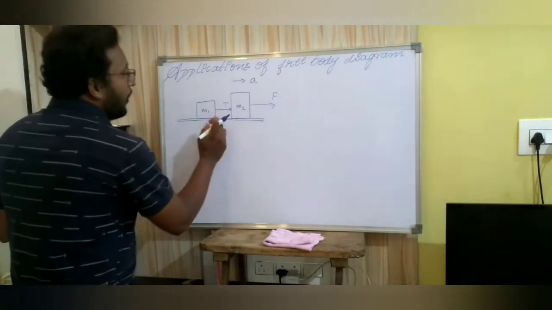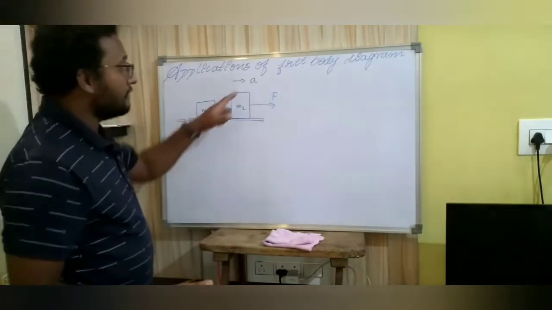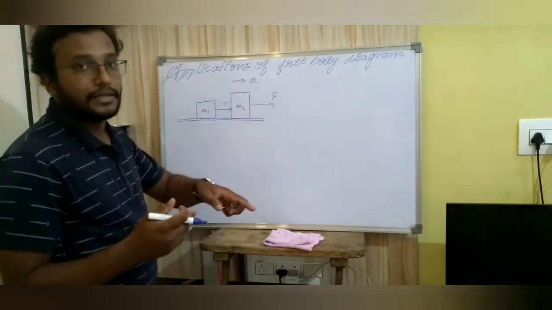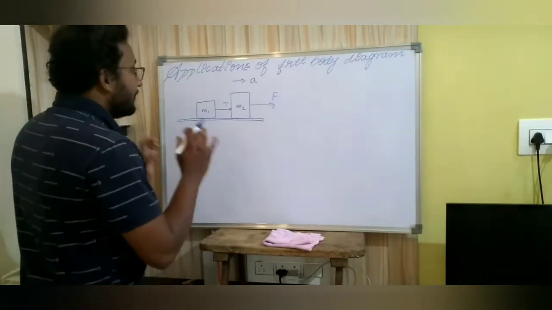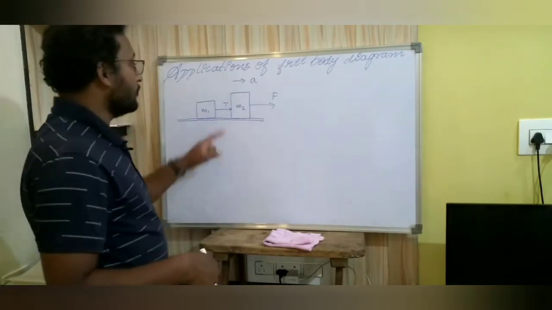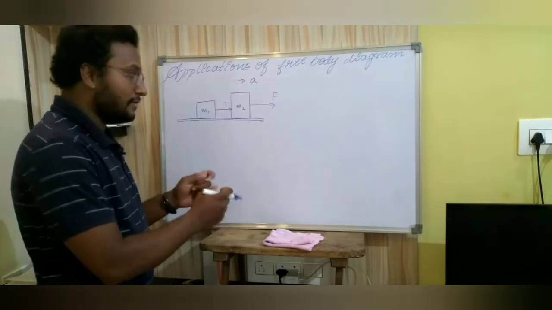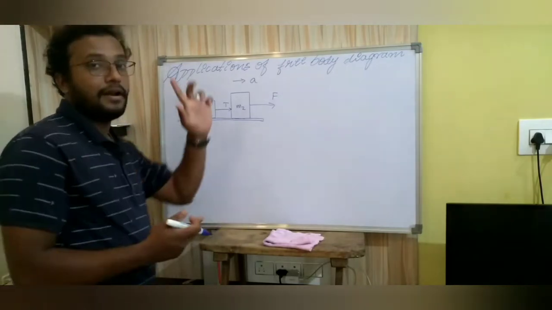Similarly, because the distance between these two blocks is not changing even when the system is accelerating with the acceleration A, that means the block M1 is exerting the same tension through the string on M2. I told you the same reason, they are not getting separated even when they are moving.